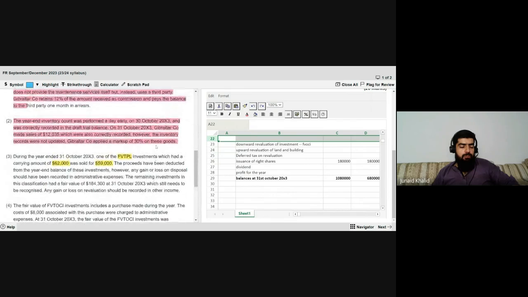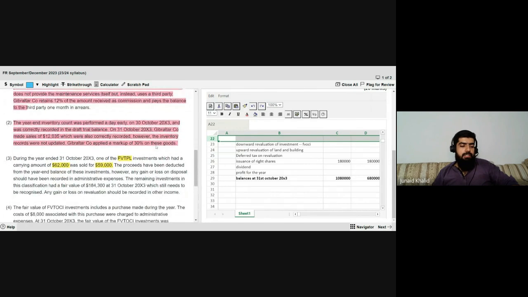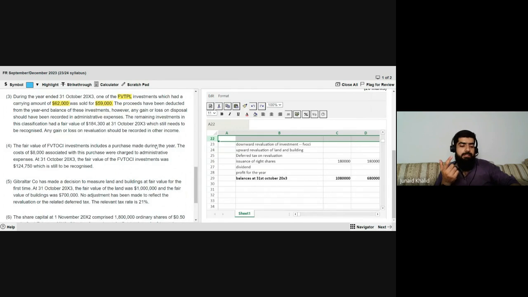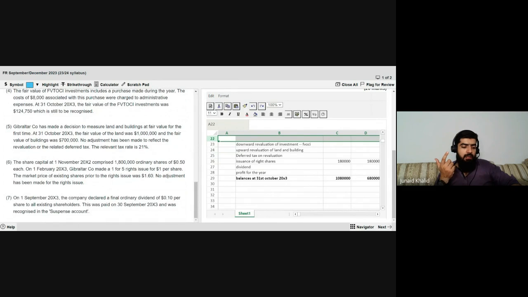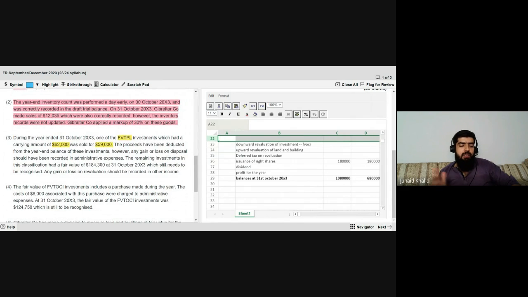Yes. If you look at the question, that is the last attempt, the recent question. If I would say there could be one adjustment that could have put you in trouble, it could be, for example, fair value through OCI or P&L, I guess. Otherwise, it was a very normal question.